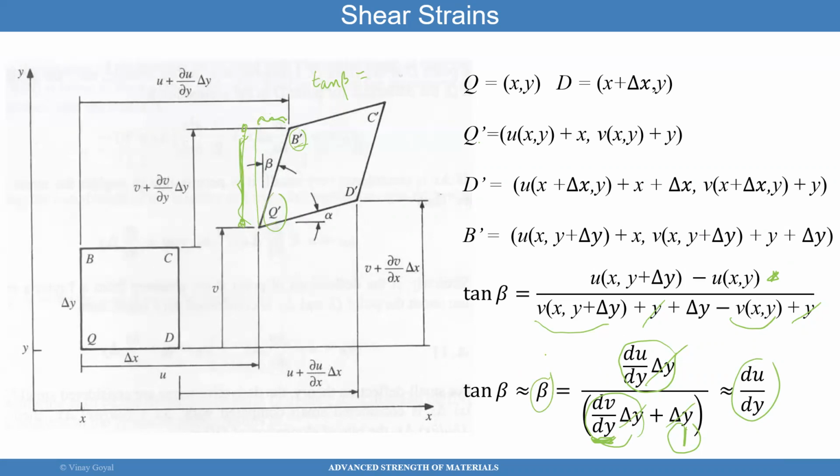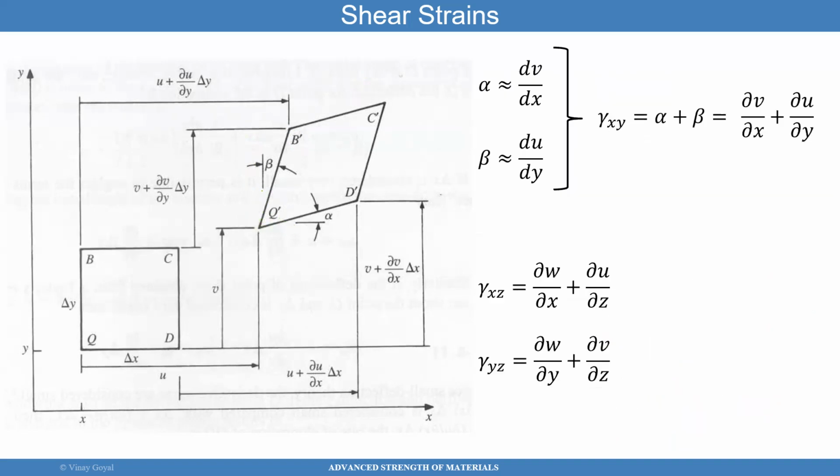So what is the angle change, physically? Because that explains the distortion, right? The angle change. It started at 90, but it deformed to this shape and this shape. That's how much it deformed in terms of angle. So alpha plus beta is what I care about.